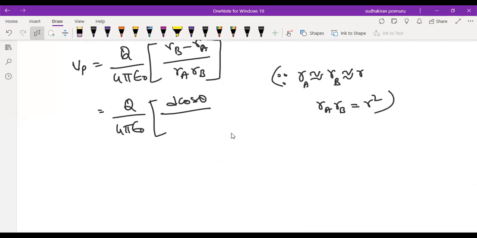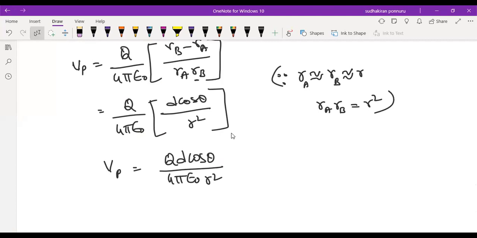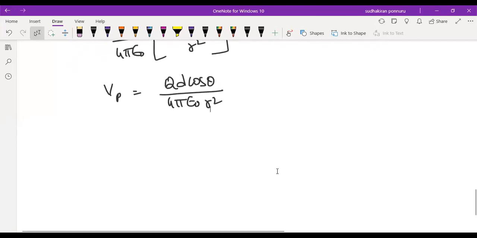Therefore Vp is equal to Q D cos theta whole divided by 4 pi epsilon naught r square. Next step, proceeding further.